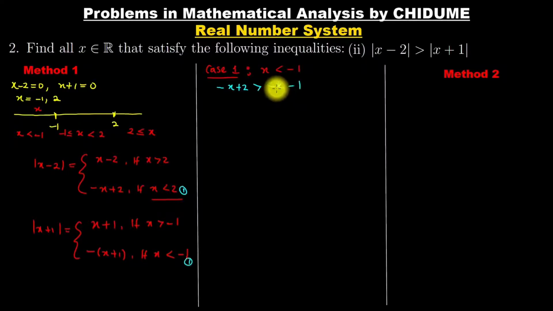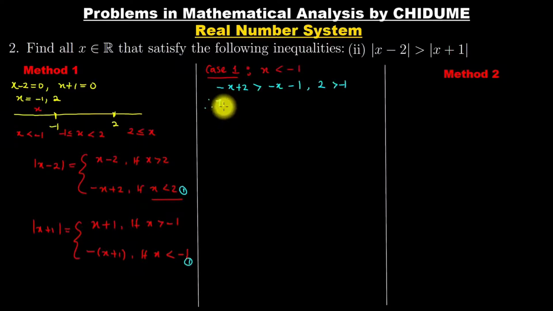If I bring x to the other side, this is going to cancel out, and I'm going to have 2 to be greater than -1, which is true.